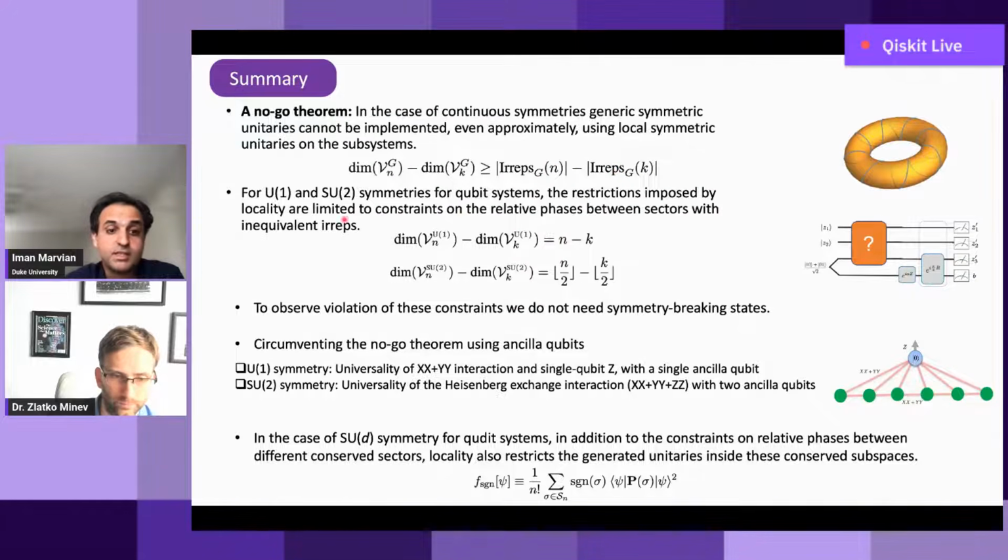In the case of U1 symmetry and SU2 symmetry, both of these bounds hold as equality. In these two examples, all the constraints caused by locality are constraints on the relative phases that can be created between different sectors with different charges. In these cases, you can use these no-go theorems as a way of probing the locality of interactions in an unknown unitary.